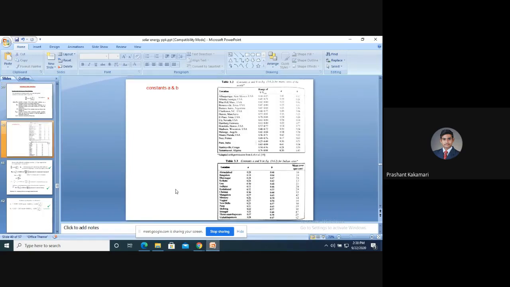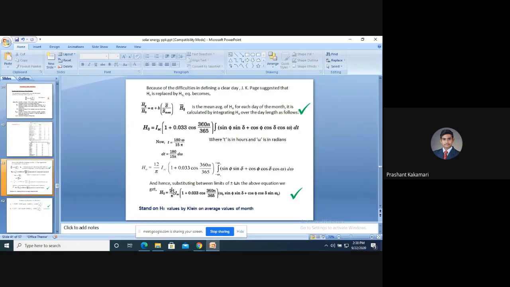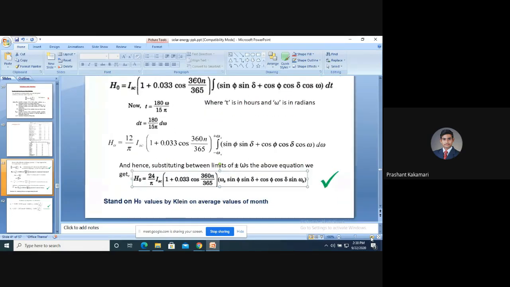What is that correlation? Again, recall the earlier problems. H naught can be found by this equation: H naught equal to 24 by pi times the solar constant times this bracket. In this bracket, if you just focus, we can find the nth day.